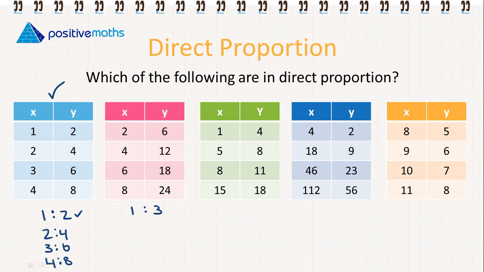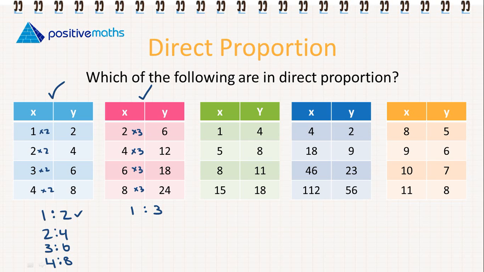So we can see that if we take the x value as 2, the y value is then 3 times the x value. So 2 by 3, by 3, by 3, and by 3. On our first table, it was each of the x values being multiplied by 2. So directly proportional.